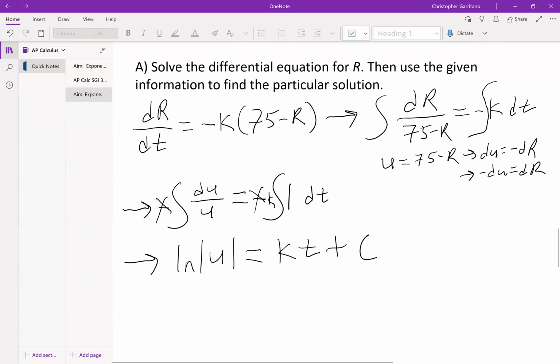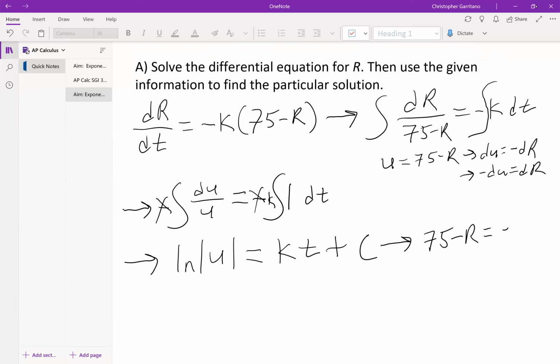Okay, moving forward, running out of room, so I'm going to try to write a little bit smaller. So, of course, u is 75 minus r, so I'm going to do a few steps at once. I'm going to apply e to both sides, and instead of u, I'm going to write it as 75 minus r. So the left side is just 75 minus r.